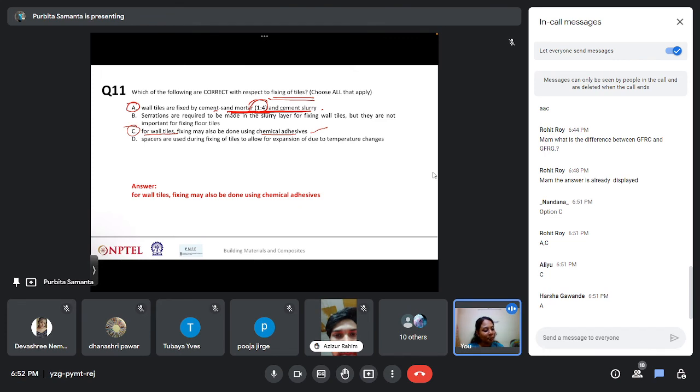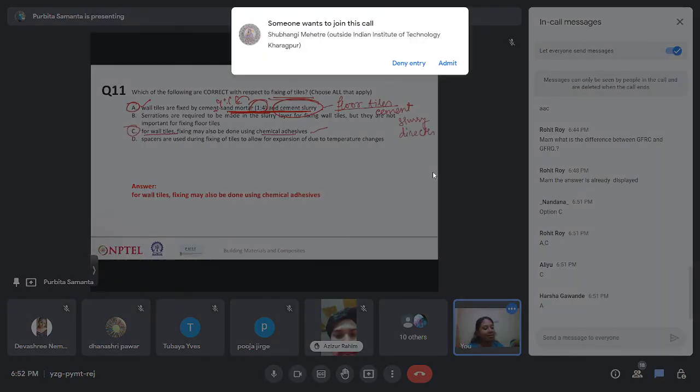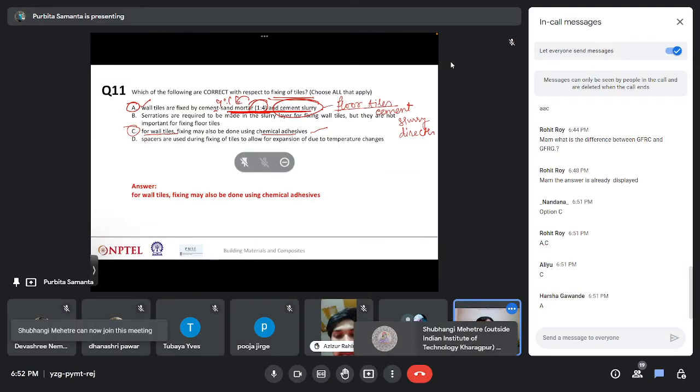Rather, it's the opposite. It's 4:1. And also, cement slurry is not required for fixing wall tiles. Instead, for floor tiles, we can use this cement slurry directly. So that is why this particular option is not correct.